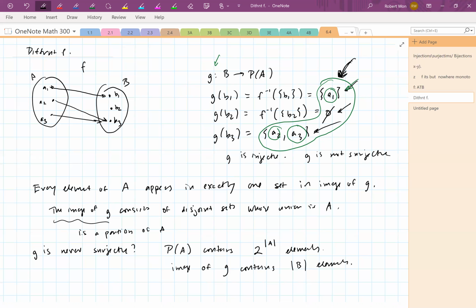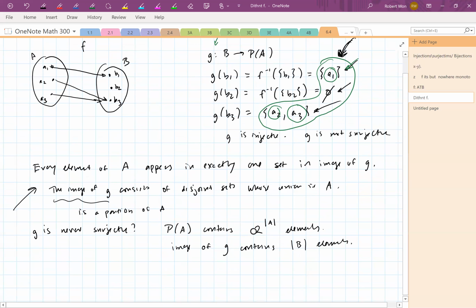But actually, this insight about the partition tells us even more.